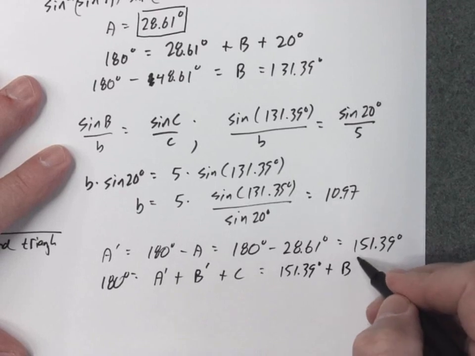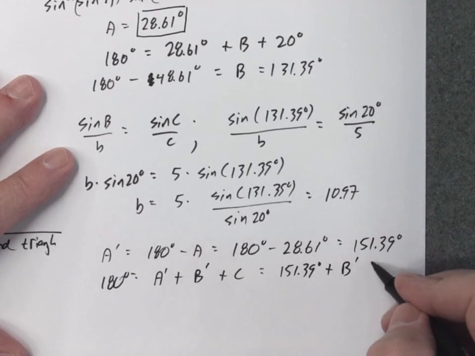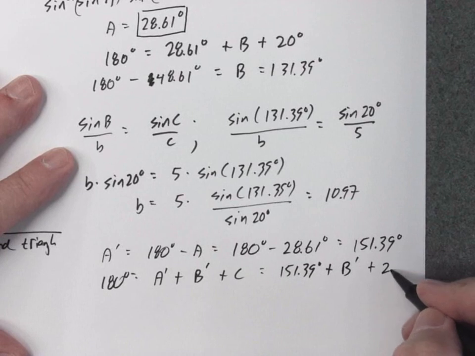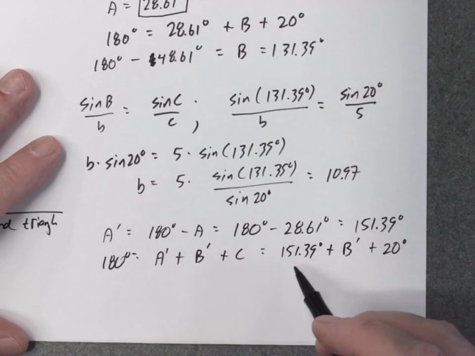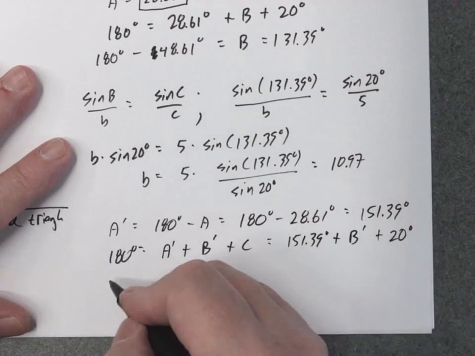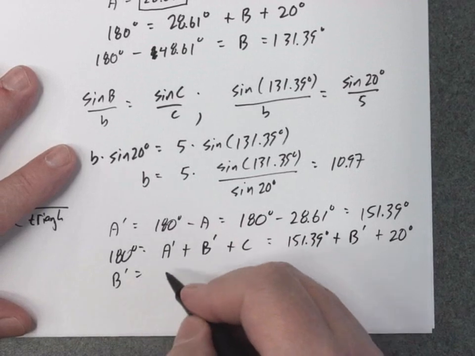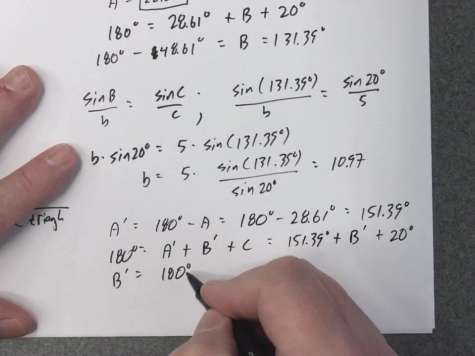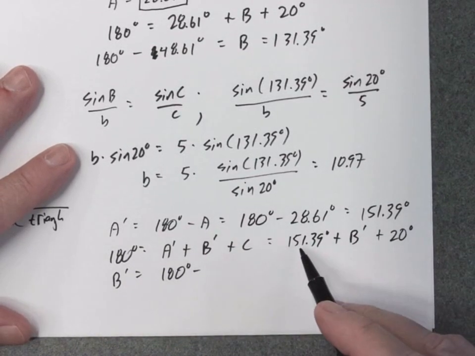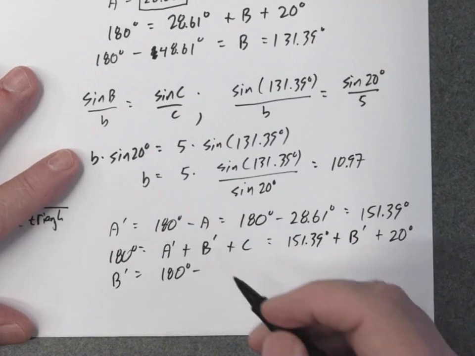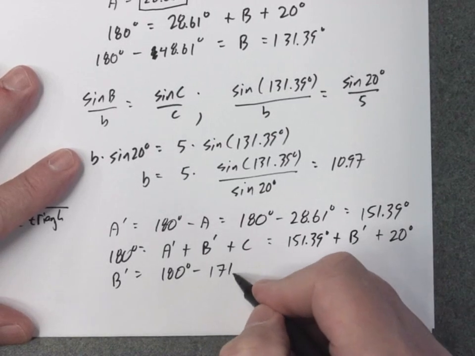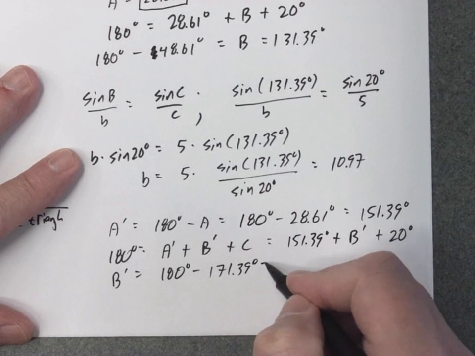I'm trying to figure out the new angle B, and angle C for both is 20 degrees. So angle B looks like it's going to be 180 degrees minus, if I add these together, 171.39.